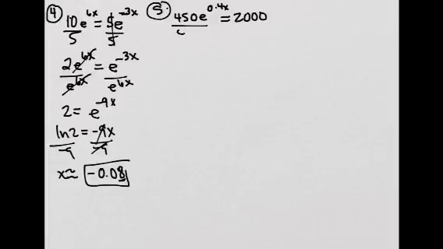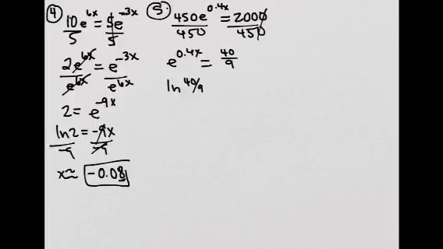So we're going to divide by 450. And so that gives me e to the 0.4x equals 40 over 9. So I'm going to put natural log of 40 over 9 equals 0.4x.